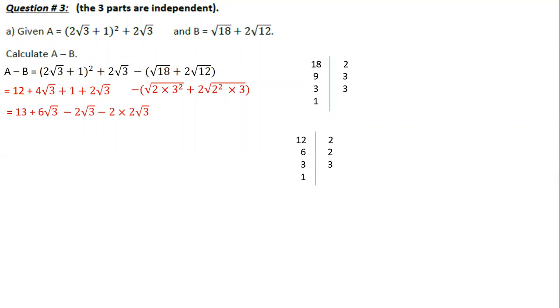We replace and now we multiply with the minus. Or you can multiply by the minus before you go back to simplify inside, whichever you want. Now we have 13 plus 6 radical 3 minus 2 radical 3 minus 2 times 2 radical 3. 2 times 2 is 4 radical 3. Now this plus 4 radical 3 and minus 4 radical 3 cancel each other because they are opposite. So what's the answer of A minus B? 13.